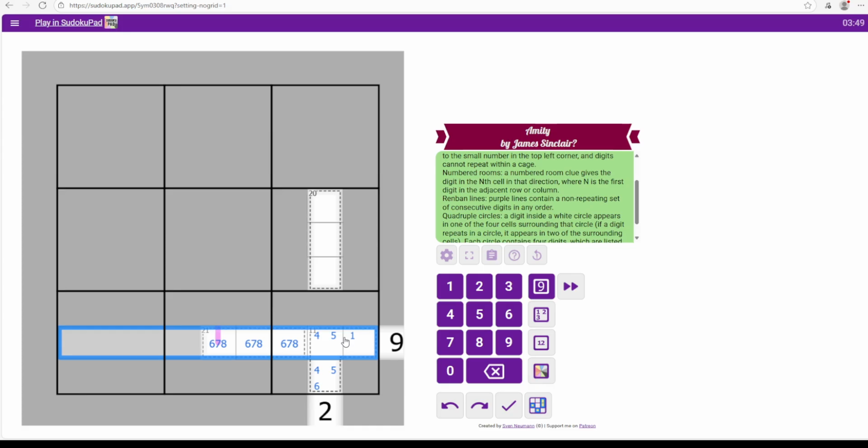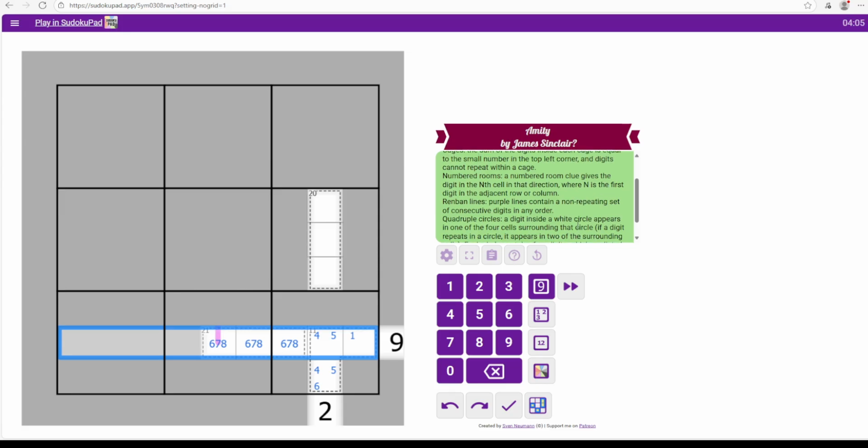So where n is the first digit, so this is the first digit, right? I'm assuming, which would make that a 2 then?